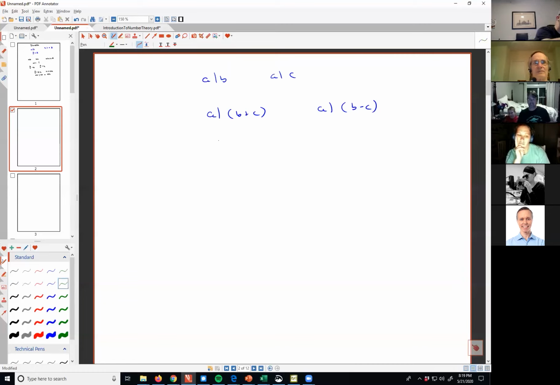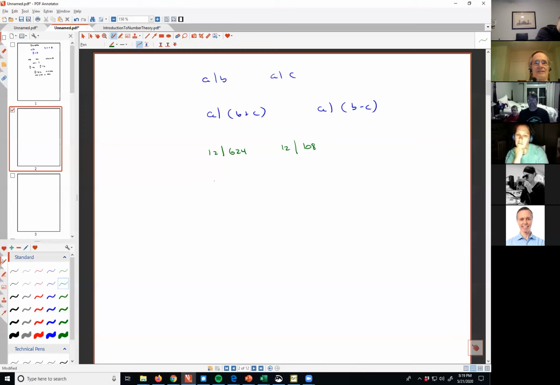So let's say 12 divides 108. That's my A and my B. And 12 also divides 624. Actually, no, I'm going to swap the numbers, just because I want to stay with positive integers, at least for the moment. All right, so both these statements are true.